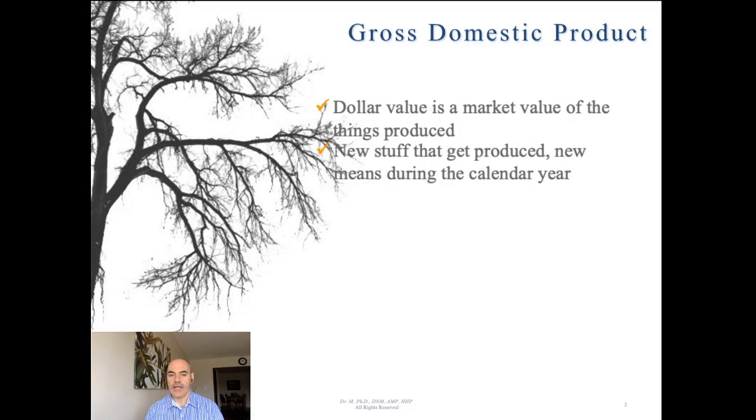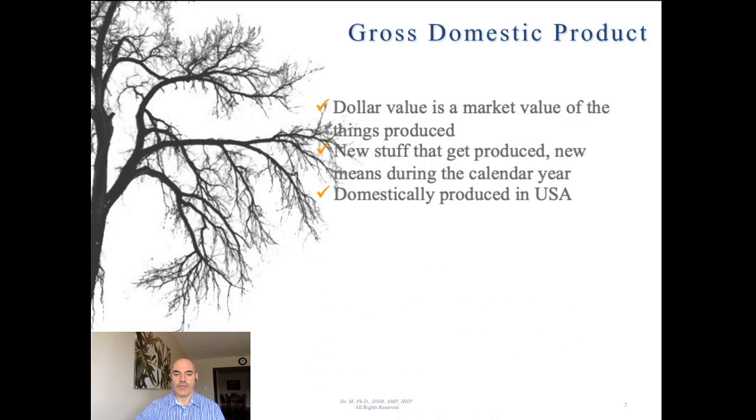Now it's not just everything, it has to be new stuff that gets produced. New means during the given calendar year. So GDP has to be tied to a particular year that will capture the new stuff.